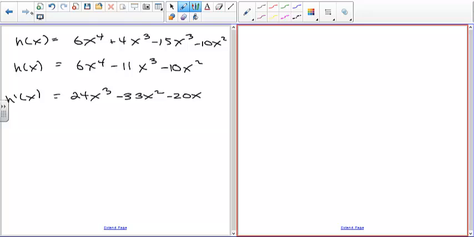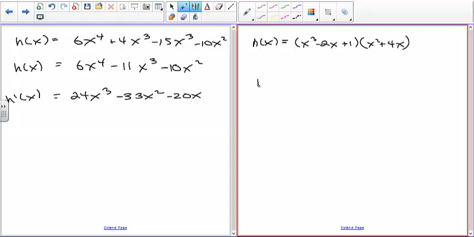Okay, now for the tough one. So this one's got an extra term in it. So it's just giving you some practice at polynomial multiplication. So we're going to say h of x is equal to x cubed minus 2x plus 1 times x squared plus 4x.